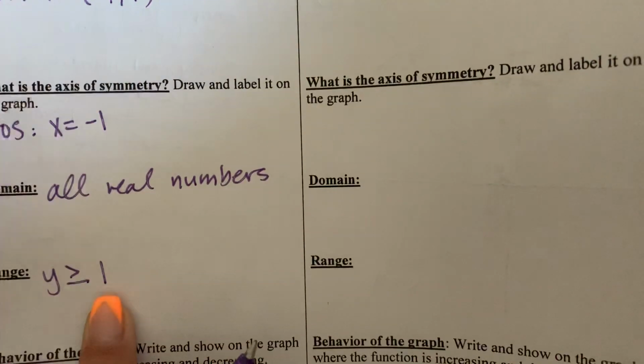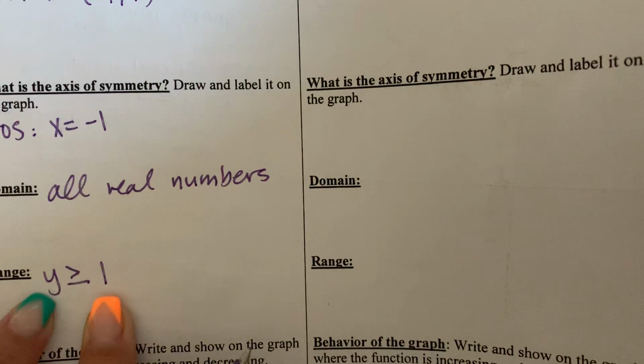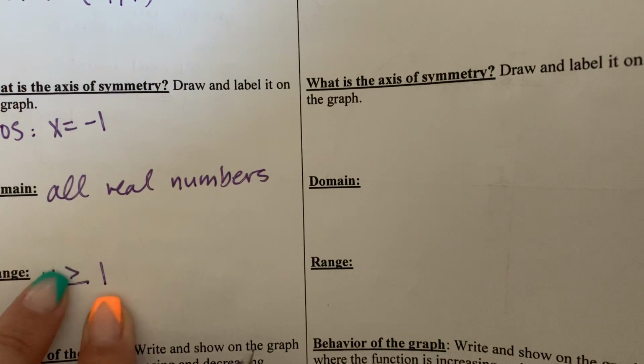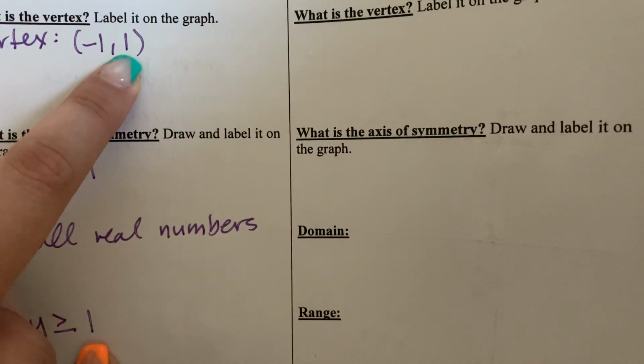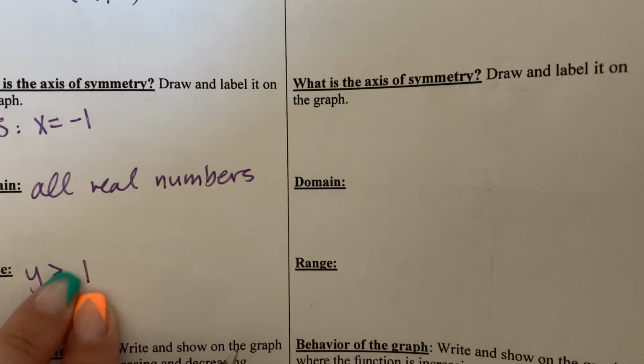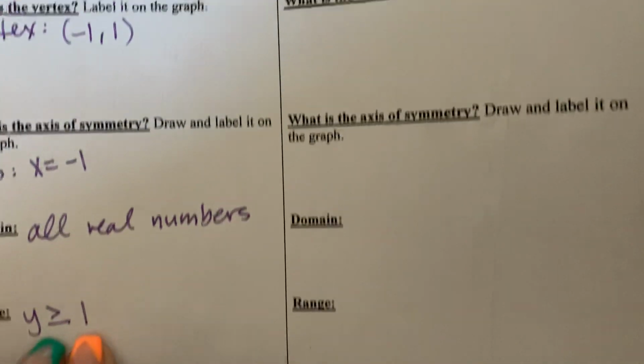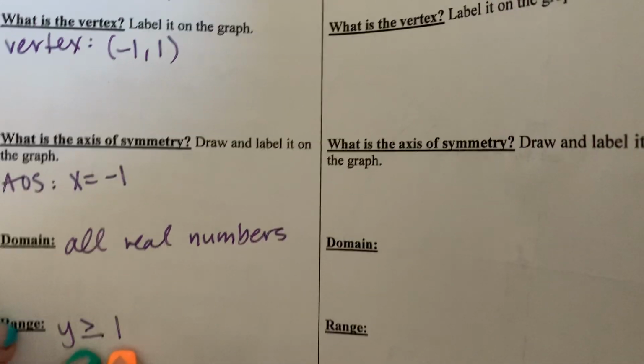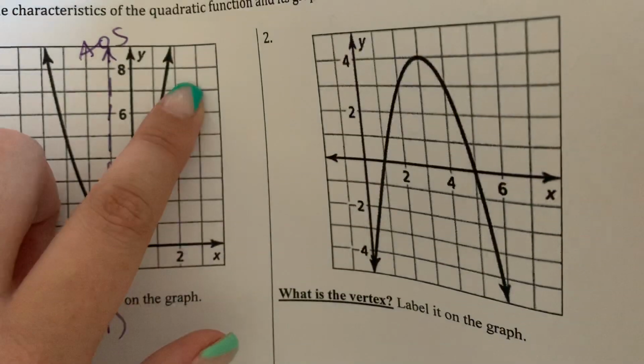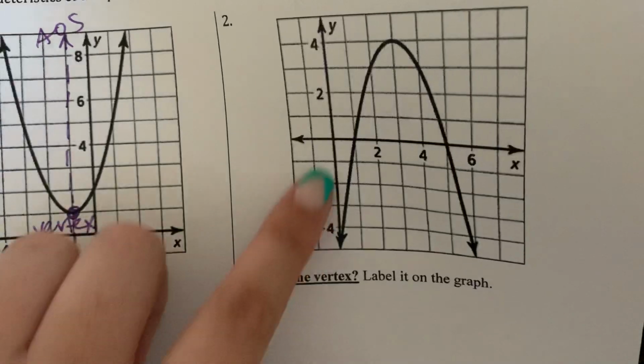So you always know range is going to be y, some inequality symbol, and then the same y value you put in your vertex. You're just going to need to know when is it greater than and when is it less than. So it's greater than when we have a U-shaped graph, and it's less than when we have a rainbow-shaped graph.